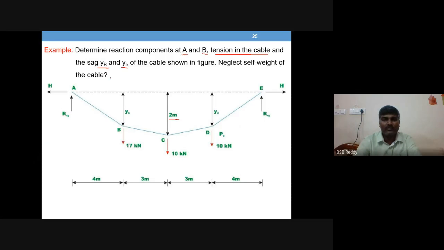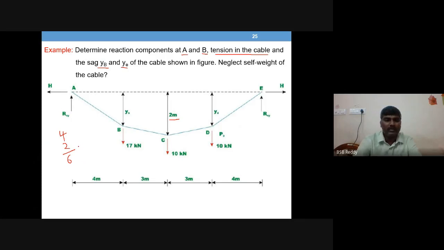So neglecting the self weight of the cable is already an assumption. Now count the unknowns. Two at A, two at E, so total four. Sag or dip value at B, one, and at D, another one. So two. One is given. So 4 plus 2, 6.